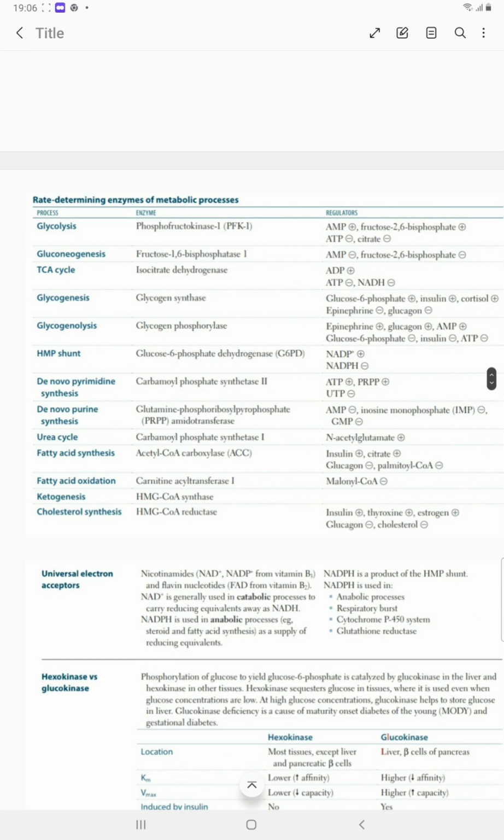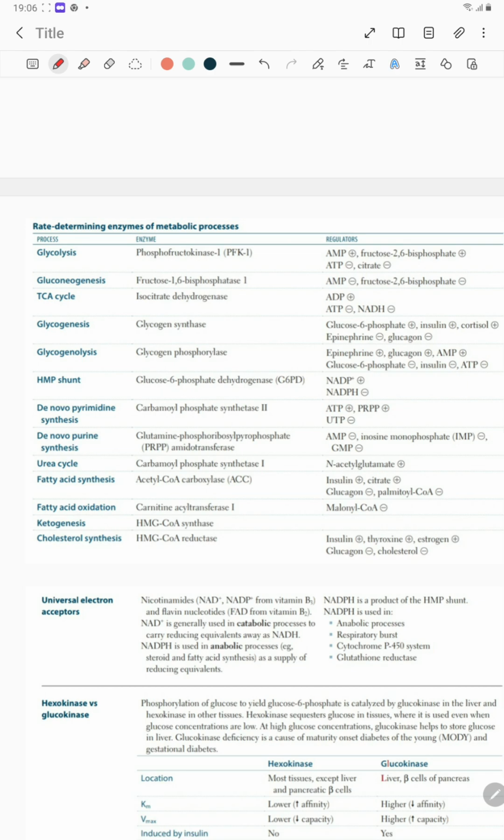Next important topic is the rate limiting enzymes. In glycolysis it is PFK1, phosphofructokinase 1, which is inhibited by ATP and citrate. Gluconeogenesis: fructose 1,6 bisphosphatase.